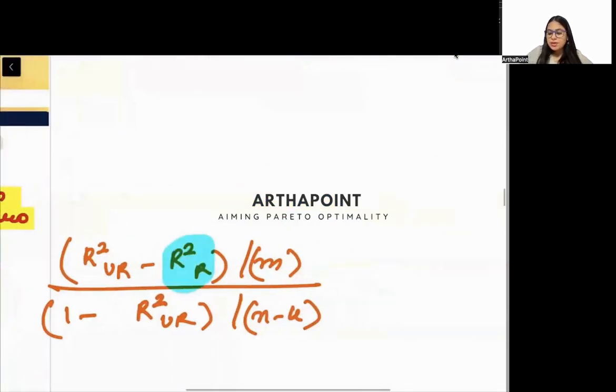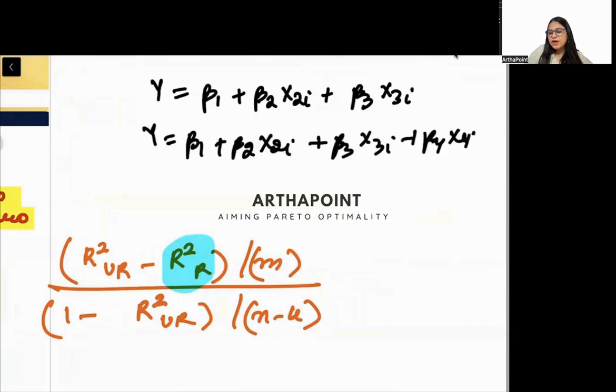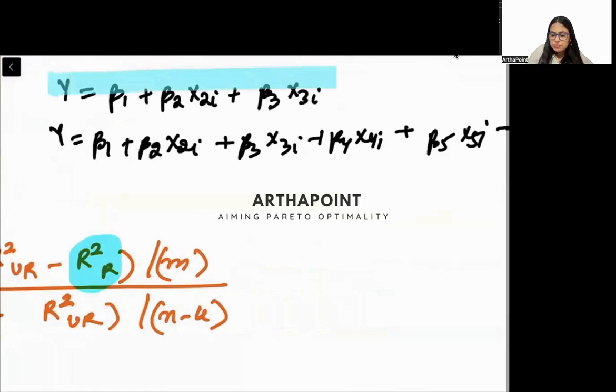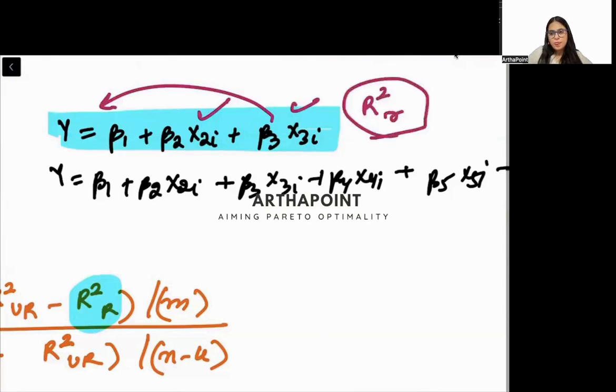Are you understanding this? My restricted model would have been y equal to beta 1 plus beta 2 x2y plus beta 3 x3y, and the unrestricted model is y equal to beta 1 plus beta 2 x2y plus beta 3 x3y plus beta 4 x4y plus beta 5 x5y plus ui. So understand, in this model these two remaining x's are also explaining some variation in y. So here some R square would come out, and here some R square would come out for the unrestricted.